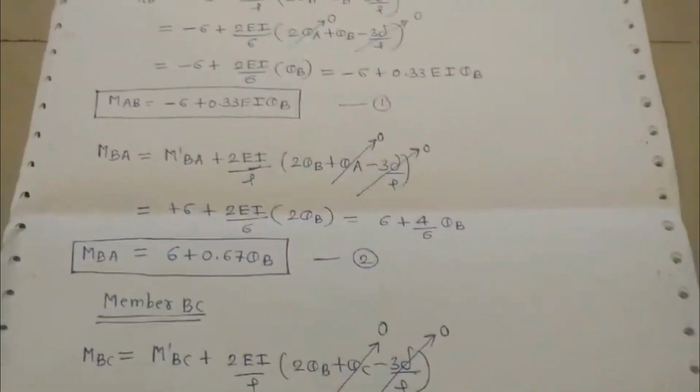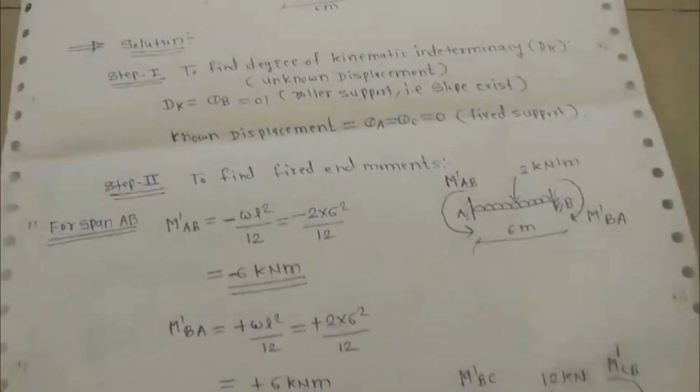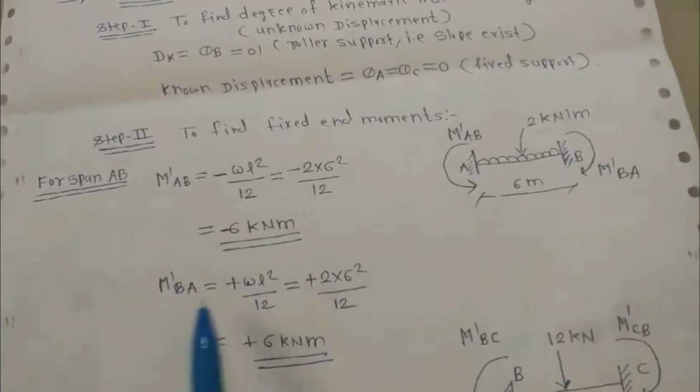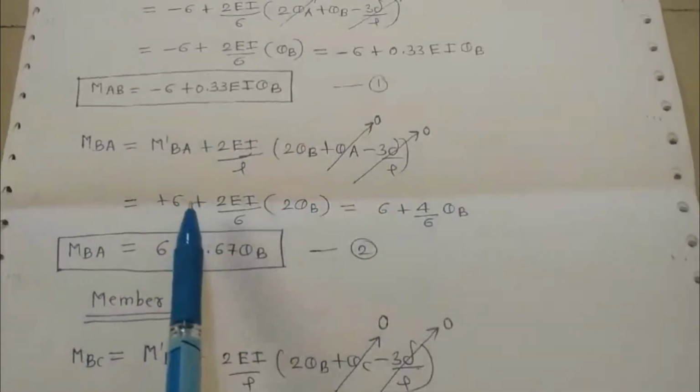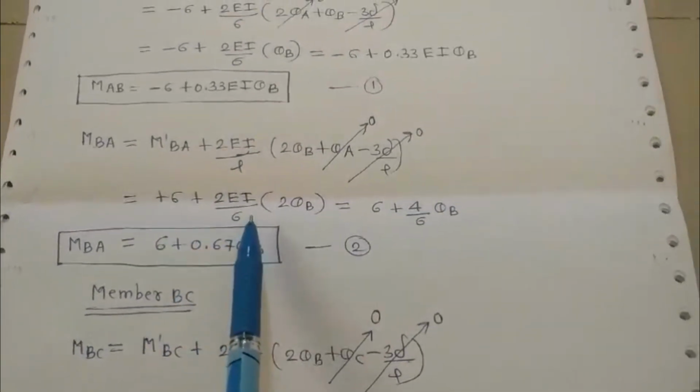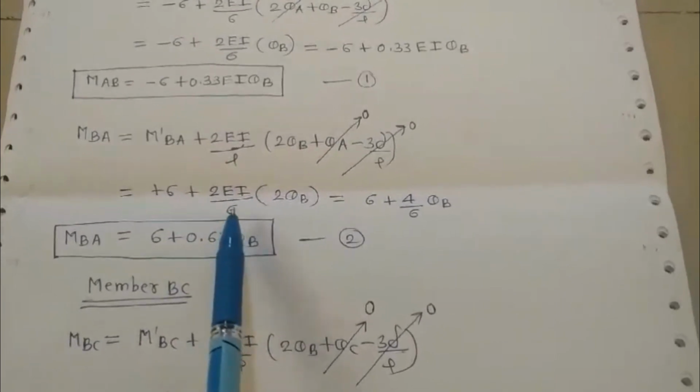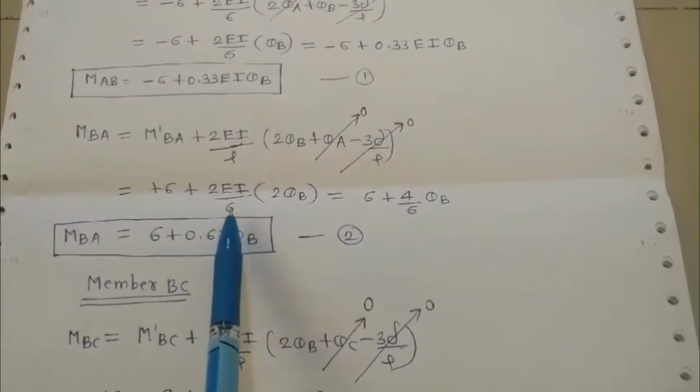So M dash BA, we have calculated M dash BA was 6 kilonewton meter, and that is 6 plus 2EI upon L, where L is the span for BC, 6 meter.